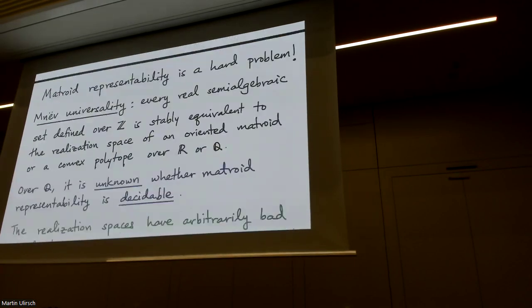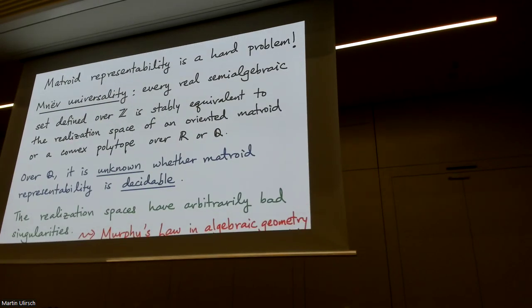So matroid representability is a hard problem. I also like to mention Mnëv universality. It's not just about representability, but about realization spaces. Given a matroid, what are all the configurations of vectors that realize it? For example, if your matroid is rank r on n elements, you're looking for n by r matrices where the linear independence amongst the columns gives you the matroid that you want.